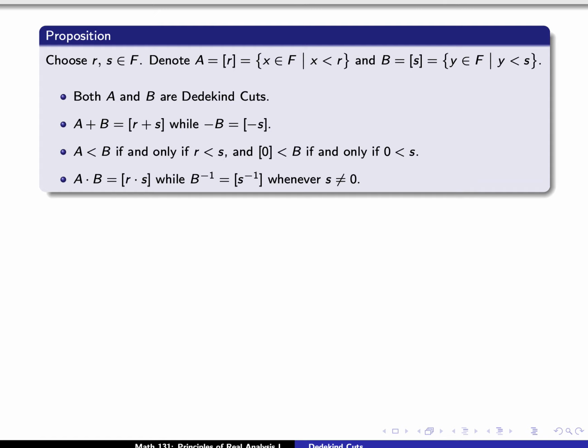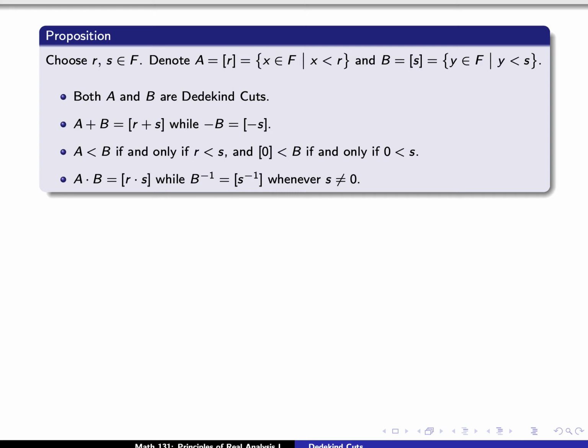Here's a slide that explains how this is related to what we expect to happen. Let's choose two elements R and S from our field F. We'll denote capital A as square bracket R, that is the set of elements to the left of R, and let's denote our set B as square bracket S, that is, these are the elements to the left of S. We'll see that both examples are Dedekind cuts.